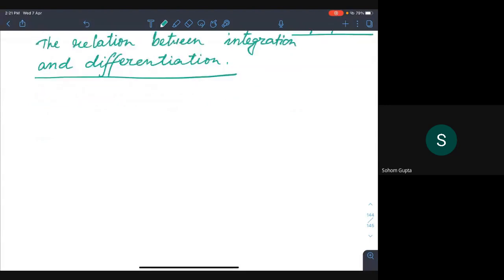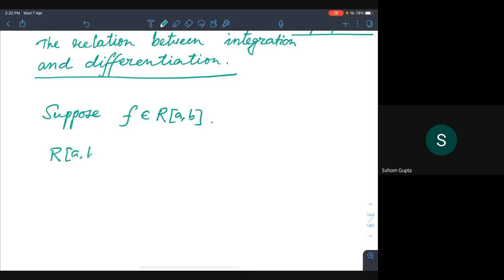So suppose f belongs to R[a,b], which is this notation.